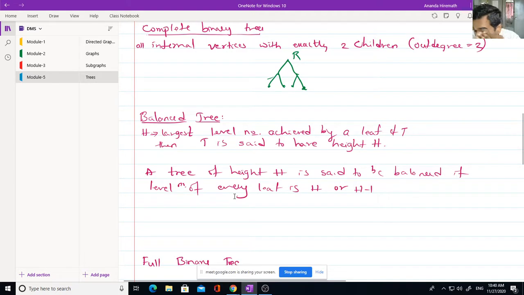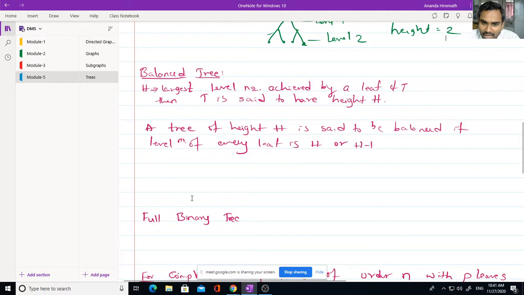Now, to understand balanced tree, first we need to understand the height h of the tree. Let us say h is the largest level number achieved by a leaf. So in this case, say this is level number 1 and this is level number 2. Now we say that the height of this tree is equal to 2. Now a tree of height h is said to be balanced if the level number of every leaf is h or h minus 1.